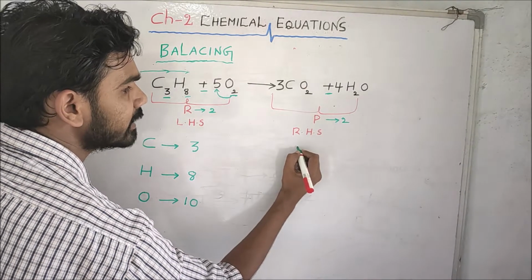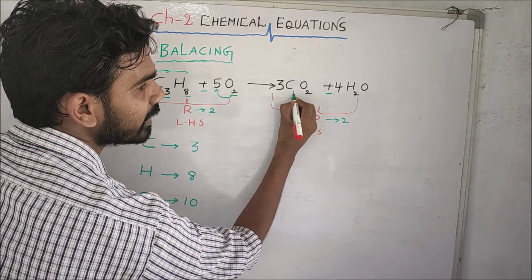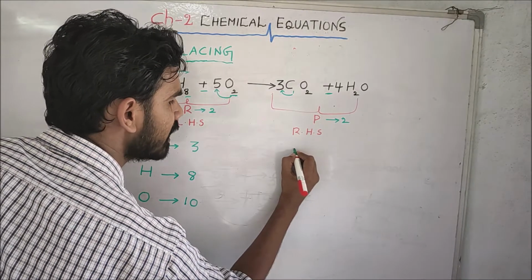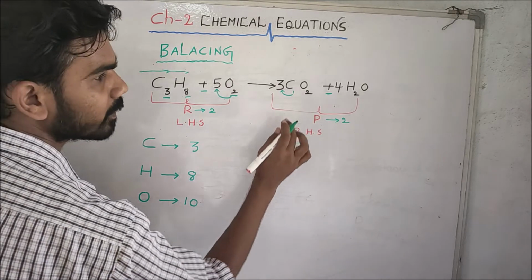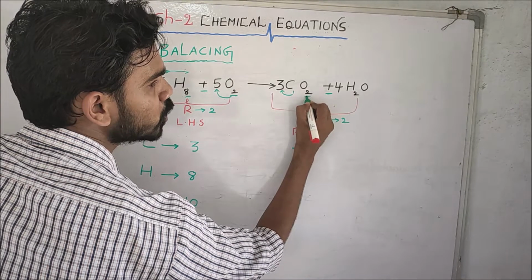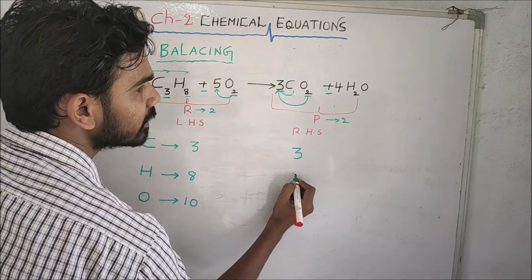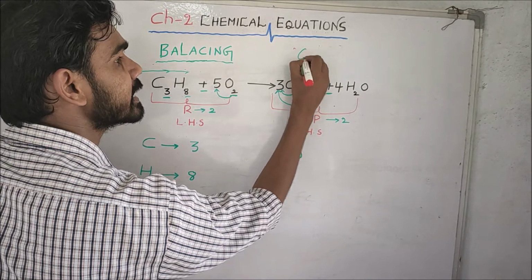On the right hand side, see, carbon only 1, but the front number is there. Multiply. 3 1s are 3. Now here oxygens 2, but the front number is there. Multiply, 6. So here oxygens are 6.